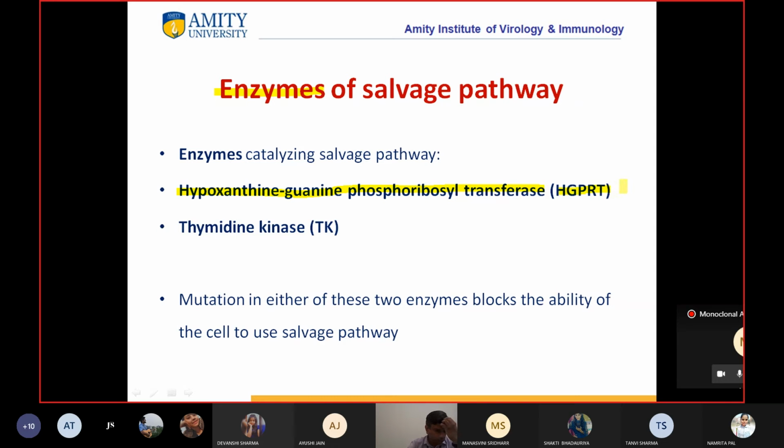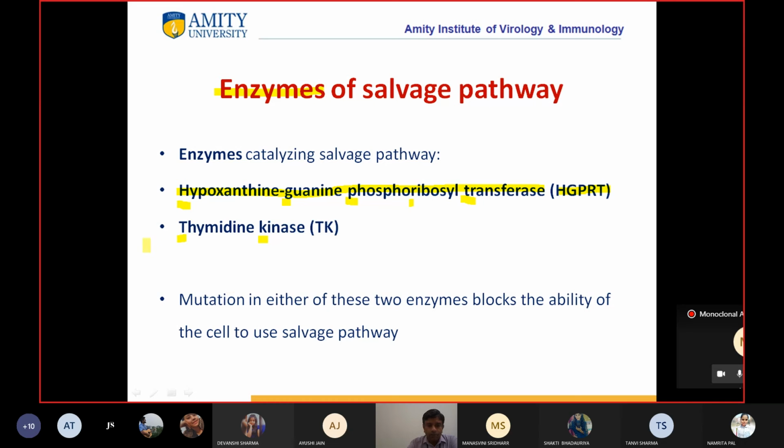So this is hypoxanthine guanine phosphoribosyl transferase, HGPRT. And the other enzyme is thymidine kinase, TK.